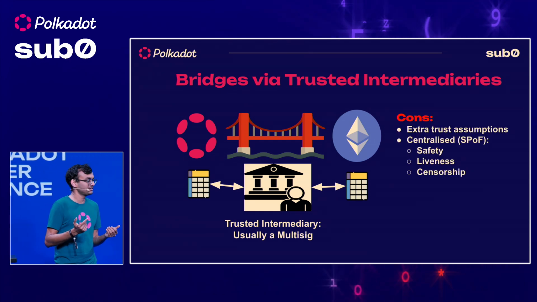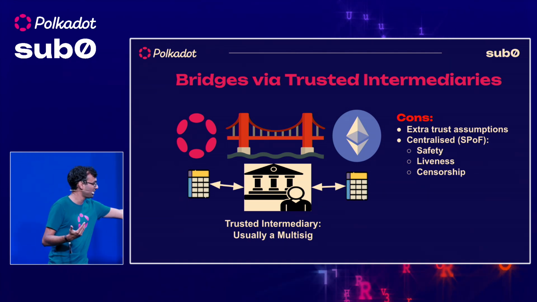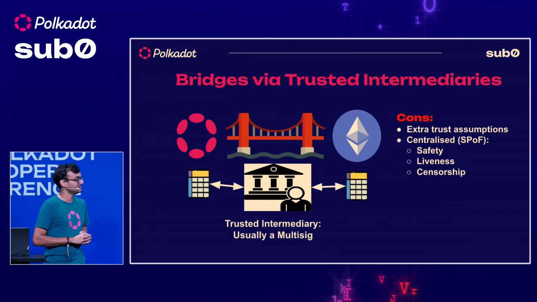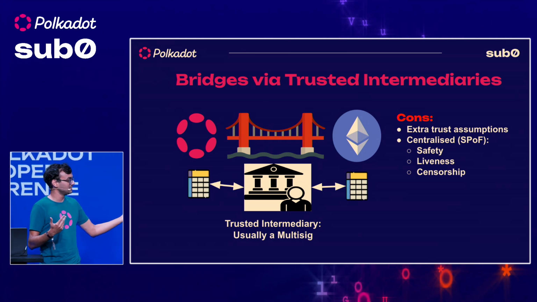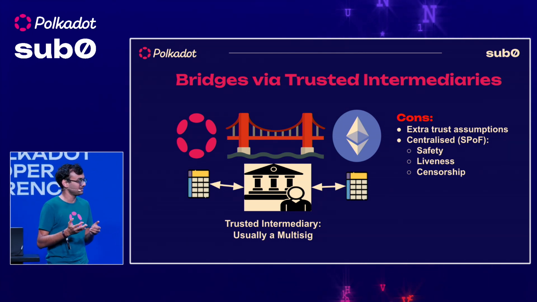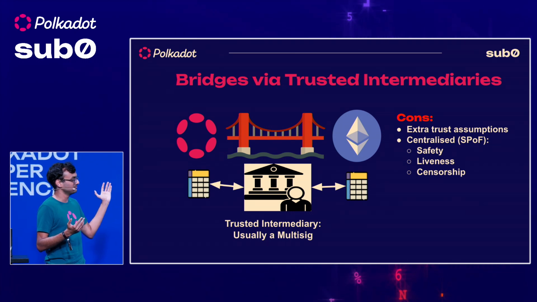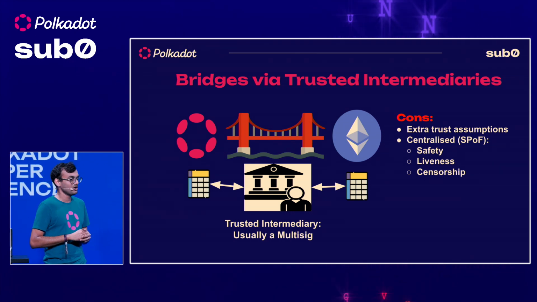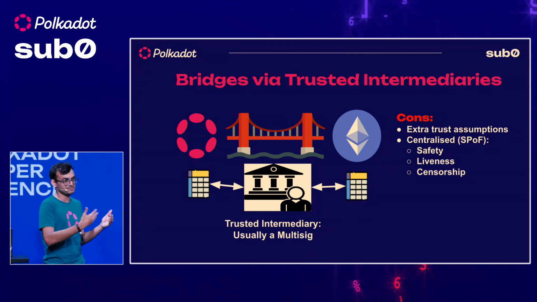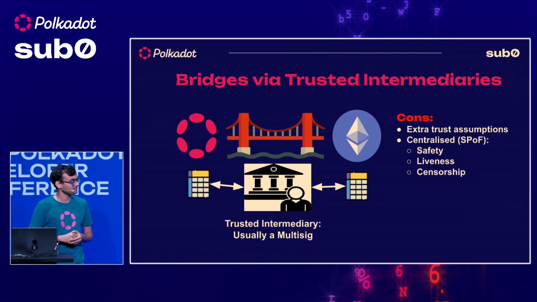The first thing is that you have extra trust assumptions. The security of the bridge relies on how reliable this intermediary relayer is. And it's centralized, so it's a single point of failure if this relayer snaps. This can cause both safety issues, that is, the intermediary can send malicious state from one chain to the other, or liveness issues, where it censors some messages which are in one chain and doesn't pass them on to the other.